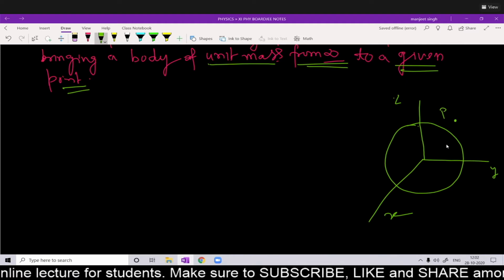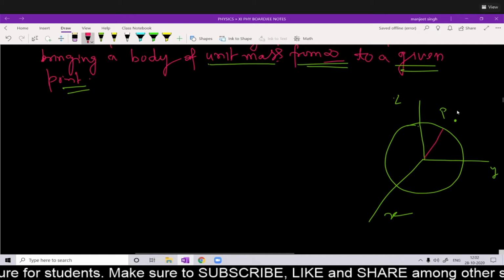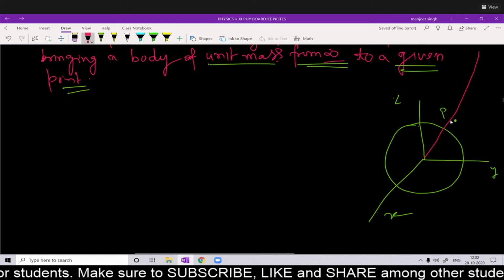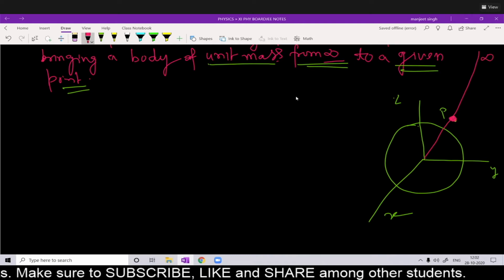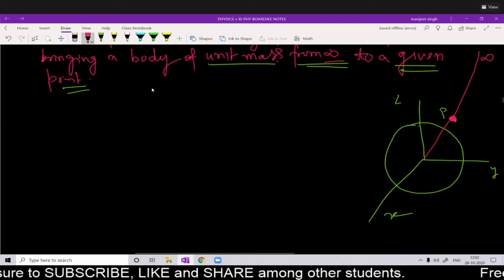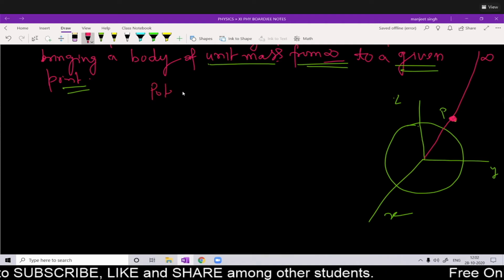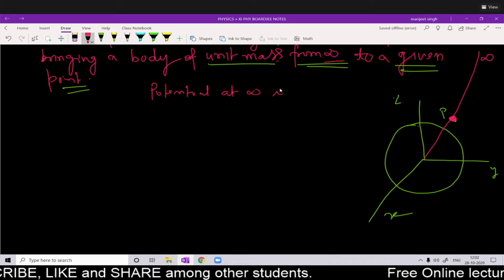So what we will do? Through that point, we will go to infinity. Here it has been assumed that the potential at infinity is zero.